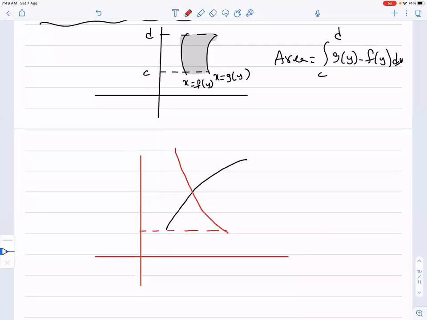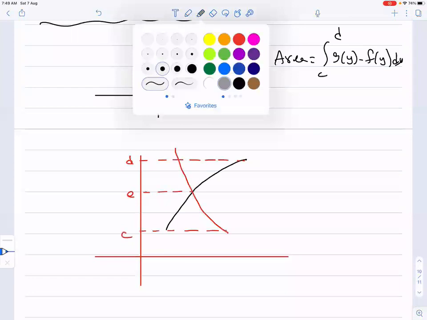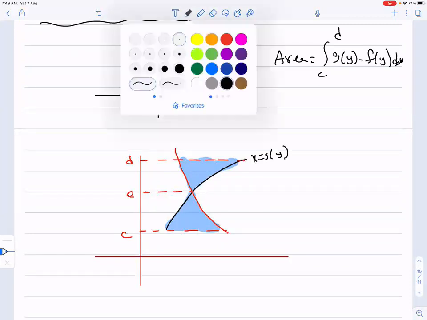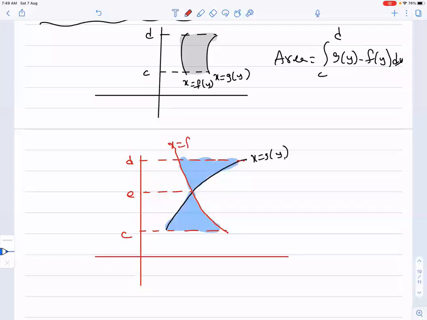This is C, this is E, and this is D. So the area included is this particular portion and this particular portion. This I'll write as x equal to g of y, and this as x equal to f of y.